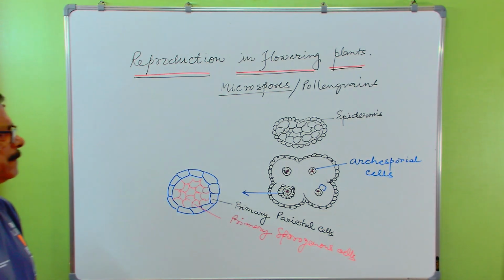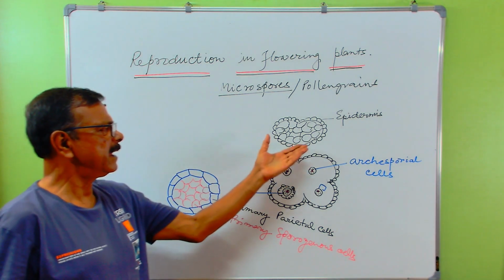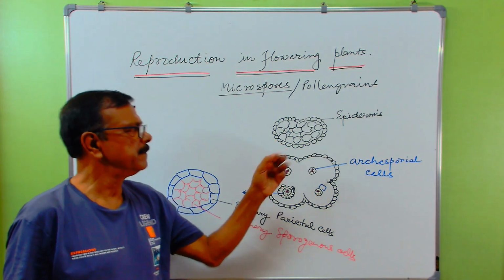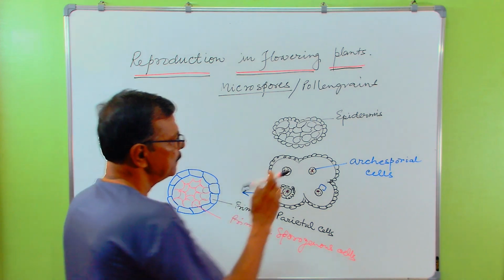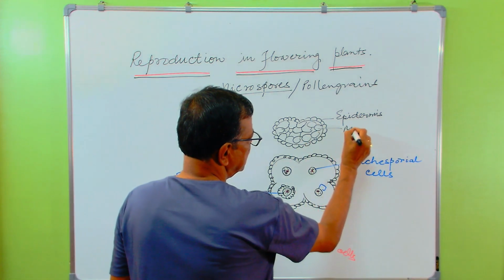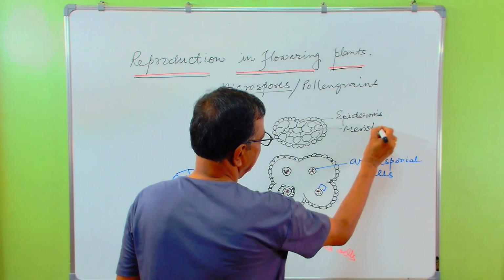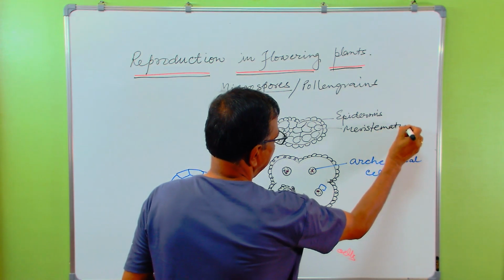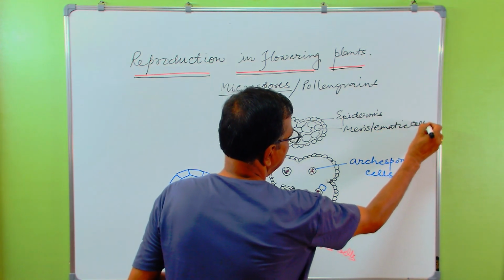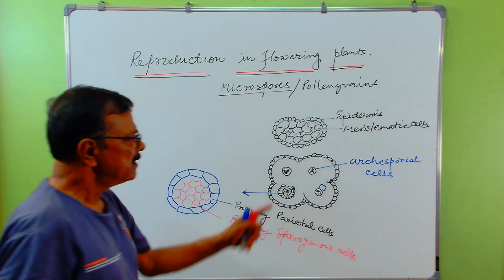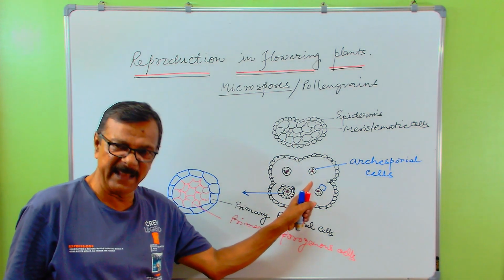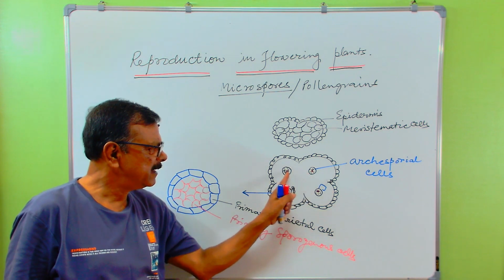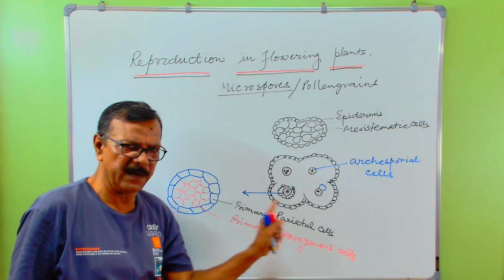So what I have said, initially the anther is full of meristematic cells. Some of the meristematic cells get dense and they have a prominent nucleus.